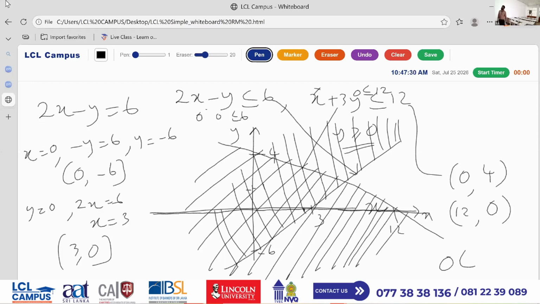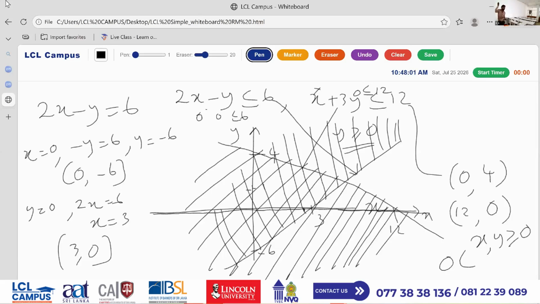And what's the other one? Y is greater than or equal to 0. Y greater than 0 means above the x-axis or below the x-axis? Both x and y are greater than 0. Wait. Y greater than 0 means below the x-axis or above the x-axis?